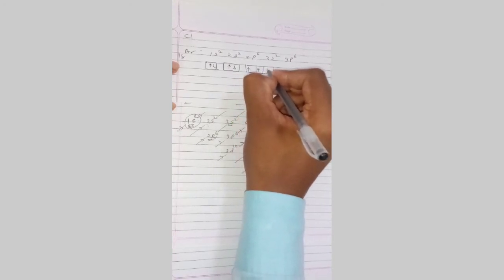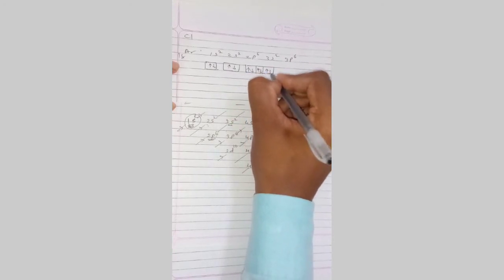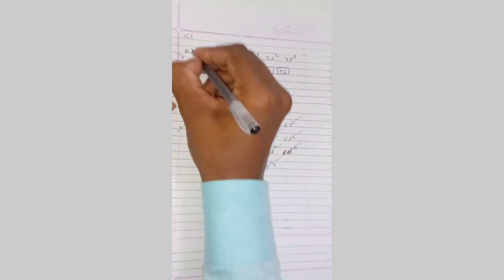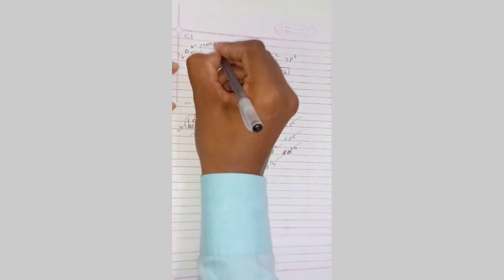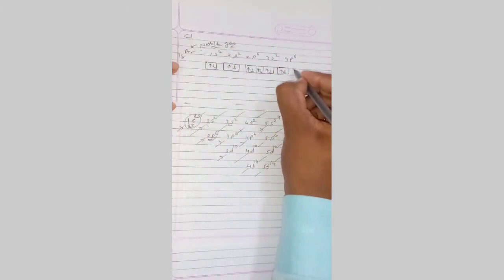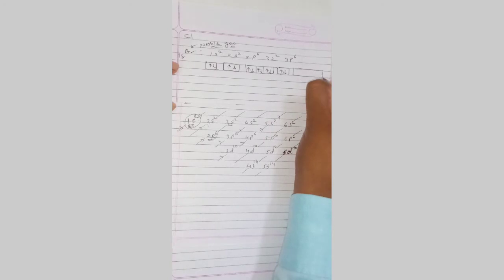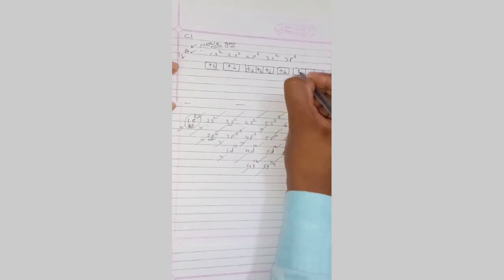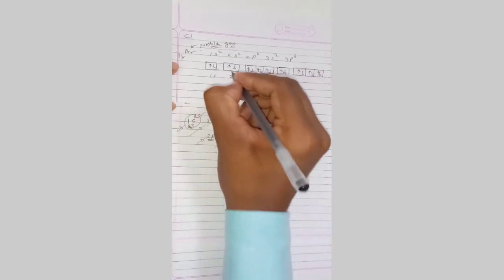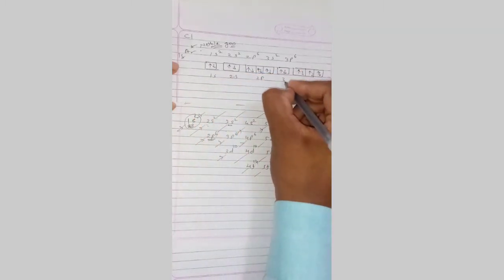It is most stable, or it is said to be a noble gas. 1, 2 and 3, 4, 5 and 6. 1s, 2s, 2p, 3s and 3p orbitals.